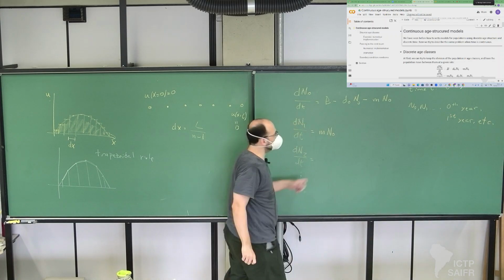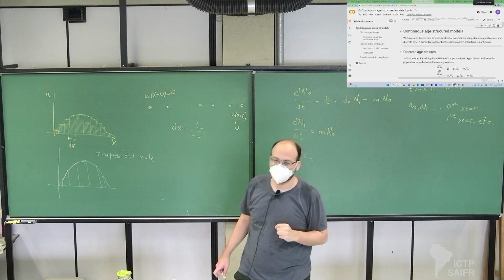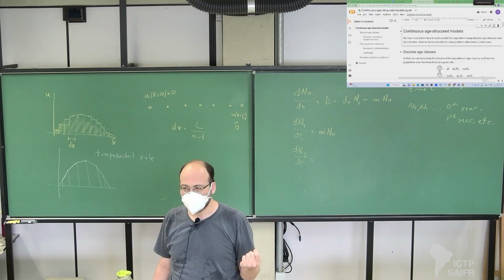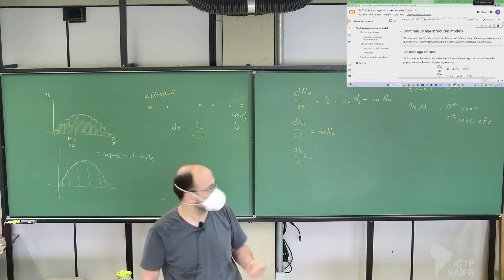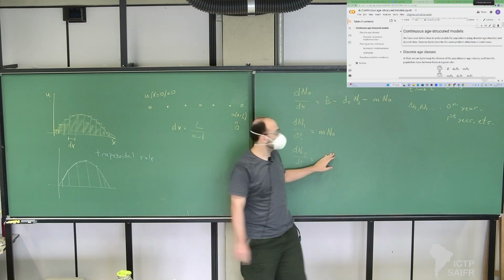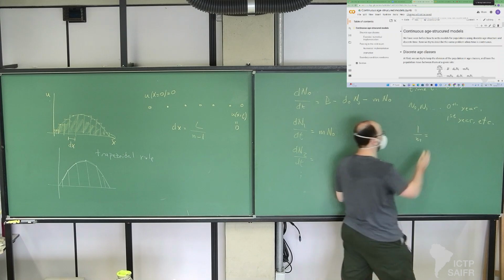So what should be the value of this rate? Well, the inverse of this rate should be the average time that it takes for individuals here to move here, okay? So 1 over m should be equal to 1 year, yeah?